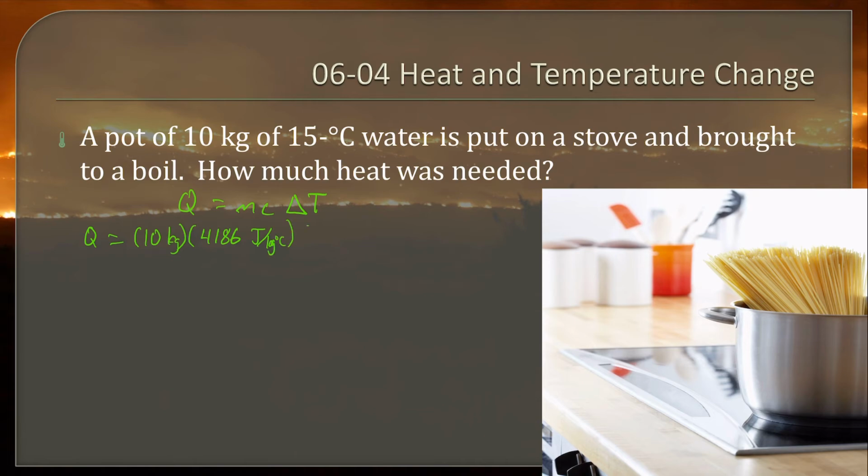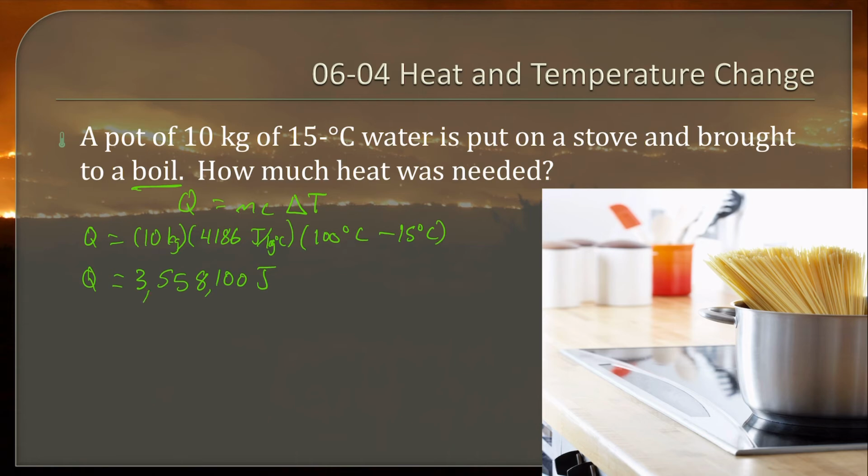And our change in temperature, oh wait, what's the temperature when water boils? That's right, 100 degrees Celsius because it's boiling. And we started at 15 degrees Celsius. Run that through your calculator, and you get 3,558,100 joules. Wow, that's a lot of joules.